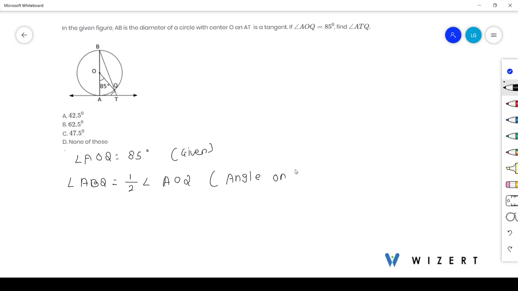Angle on the circumference of the circle by the same arc.